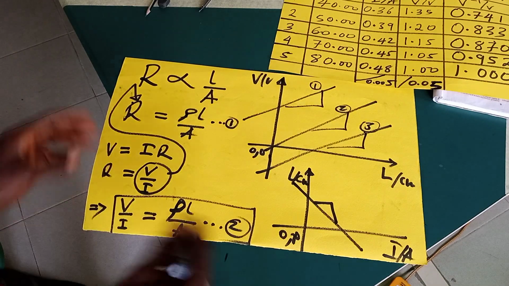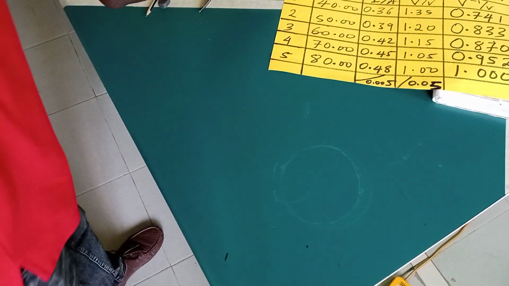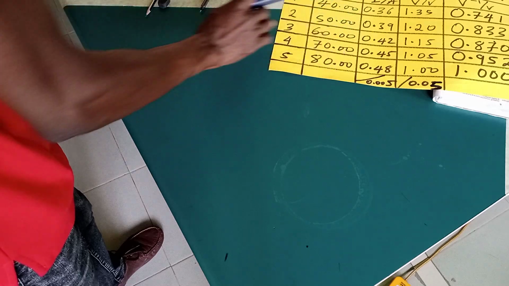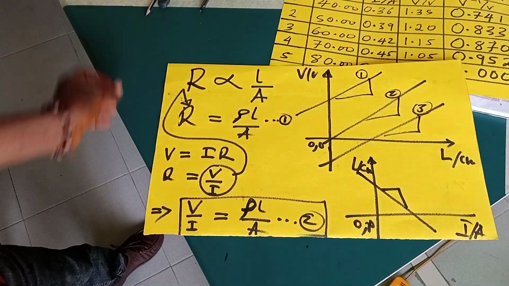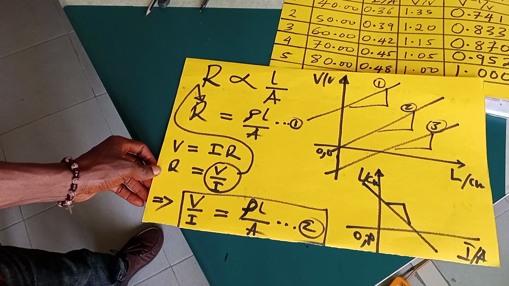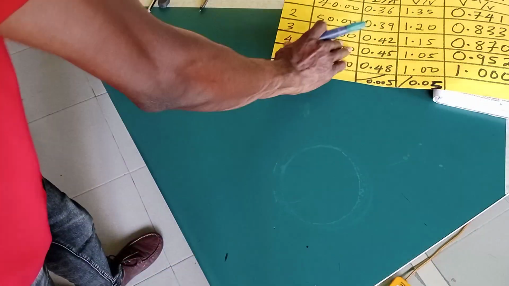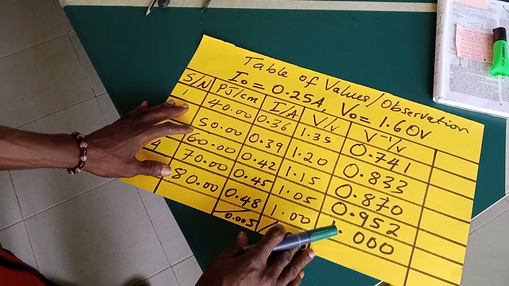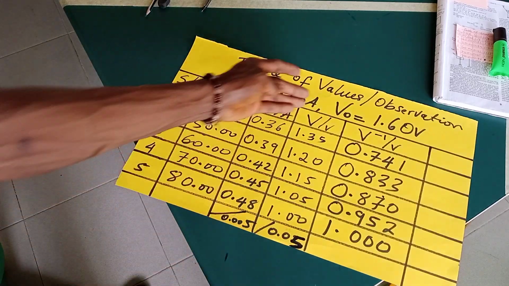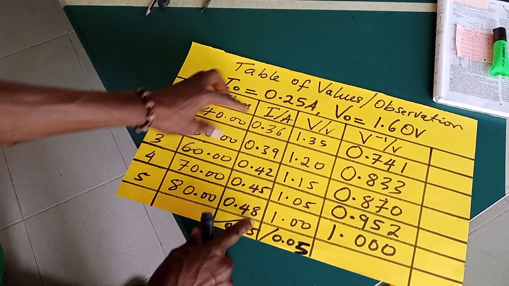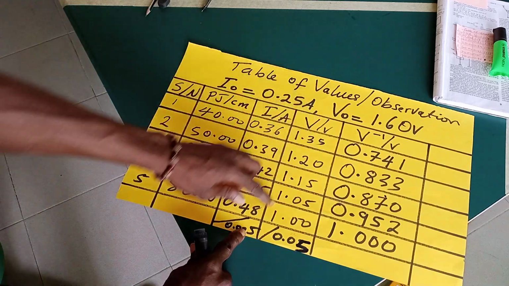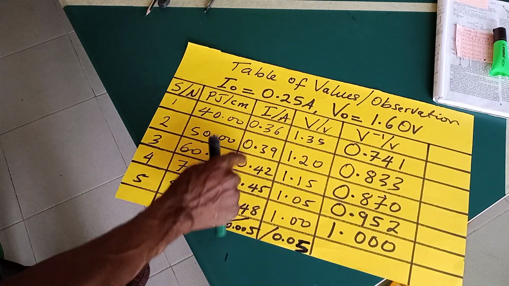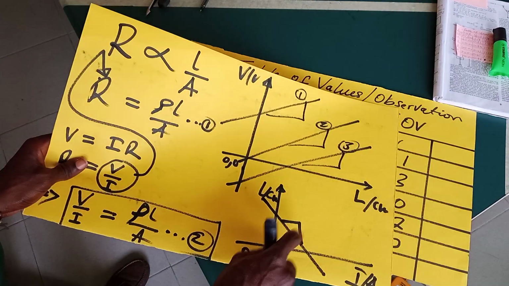So what I'm trying to say is that anytime you are plotting a graph and you see a table of values, you may screenshot this quickly. Very, very important. Anytime you are plotting a graph and you see a table of values of this nature, for instance, we are to plot a graph of I against V. If you observe, I is increasing down while V is decreasing, meaning this graph, this against this, will give us this particular graph.